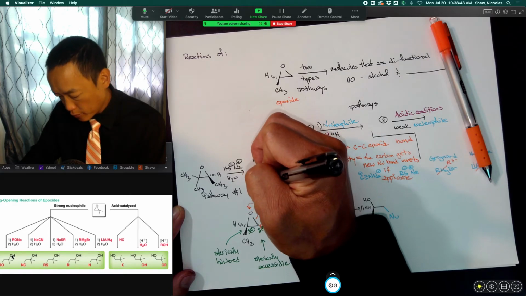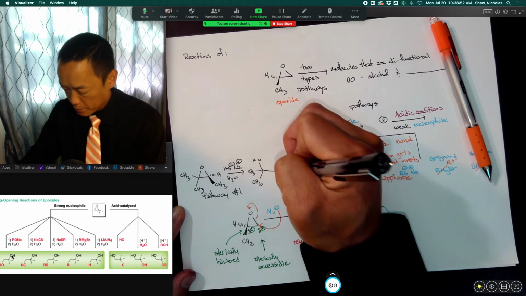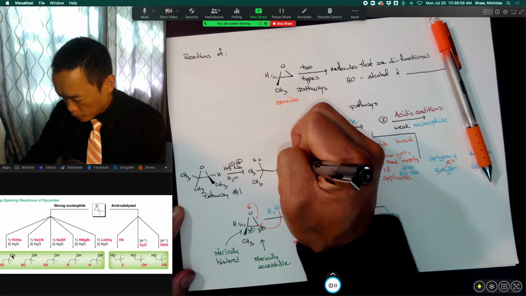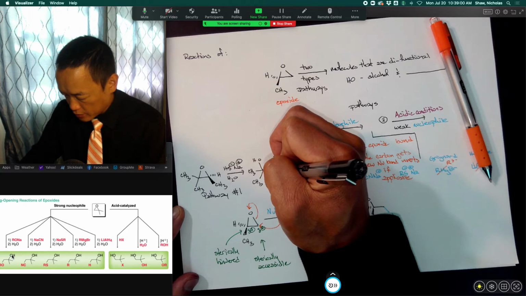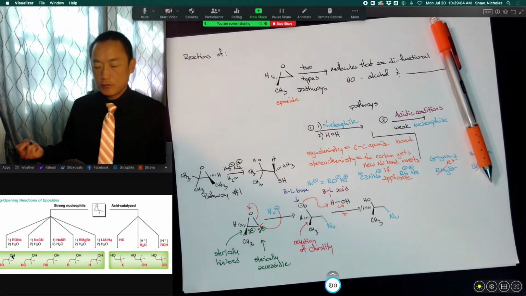It's not chiral, but even then it doesn't change at all. And then we would expect to see inversion of that chiral center to form in favor of that new thiol bond.